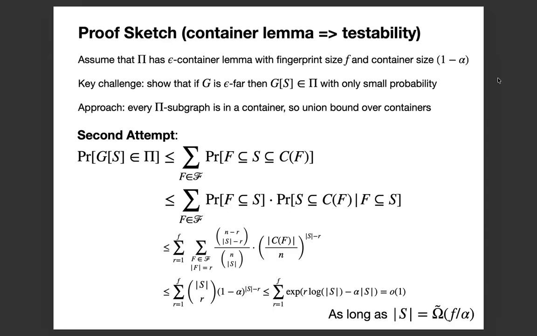And so the F is going to be S squared and the alpha is going to be 1 over S. So that's the container lemma we get, and then we use it here, we get S squared over 1 over S. I think we can get it to, in fact, in the paper, we do S squared instead of S cubed. But I felt it was a little bit easier to describe it the way I presented it today. Yeah.